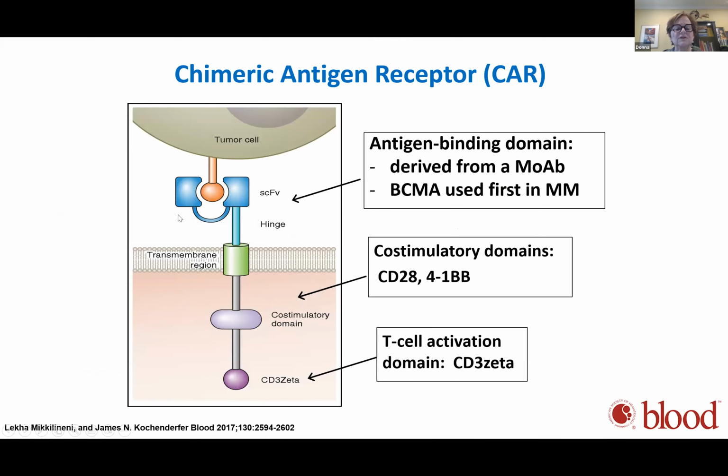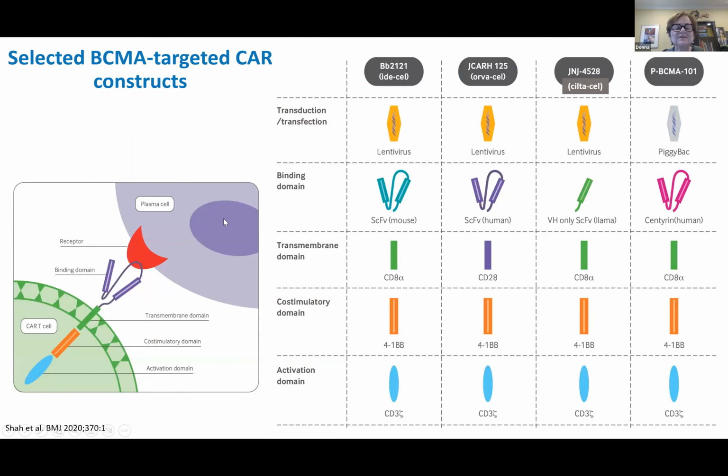So this is a closer look at the receptor stuck on the T cell, and you can see that this is the kind of antibody-like part. This can be directed against, most commonly, BCMA on the tumor cell. And then you have these other domains that enhance the effect or anchor this on the T cell. So the race is on among different pharma to develop variations, and this is just a cartoon to show what these component differences might be.